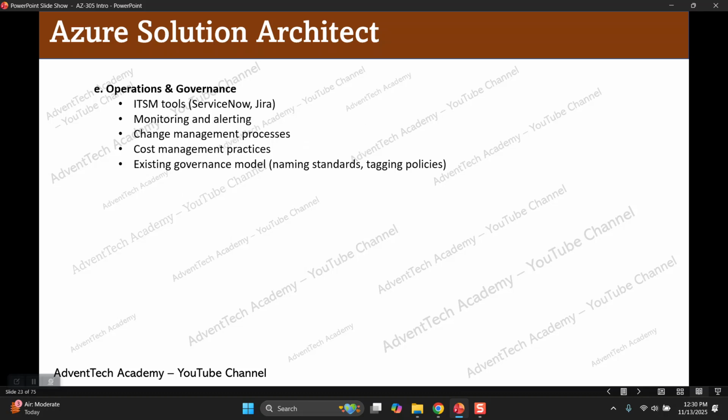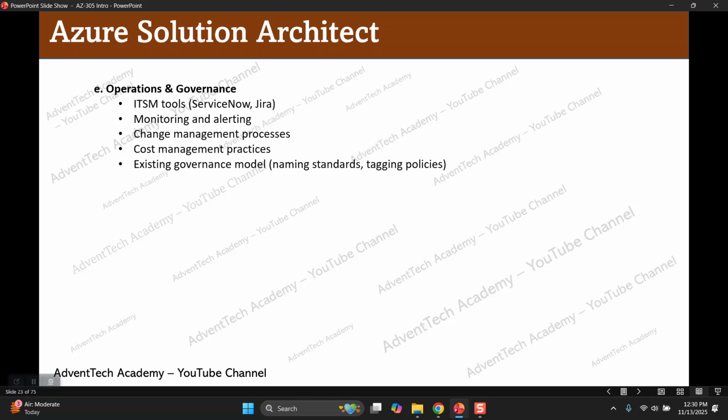And then operation and governance. We have to run the assessment to gather information regarding ITSM tools, ServiceNow, Jira, monitoring and alerting, change management process, cost management practices, existing governance model.